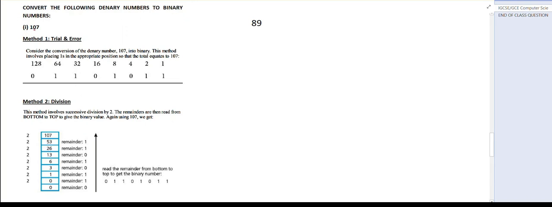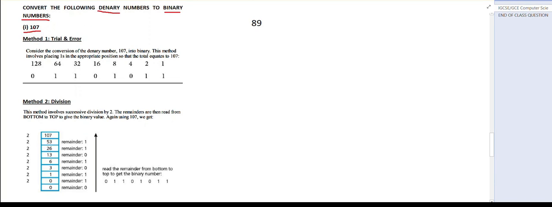The first question is 107. This is in denary form. What is denary form? It's a simple number form, right? 107 to binary. Binary is the language which computers understand. Denary is what humans understand, right?